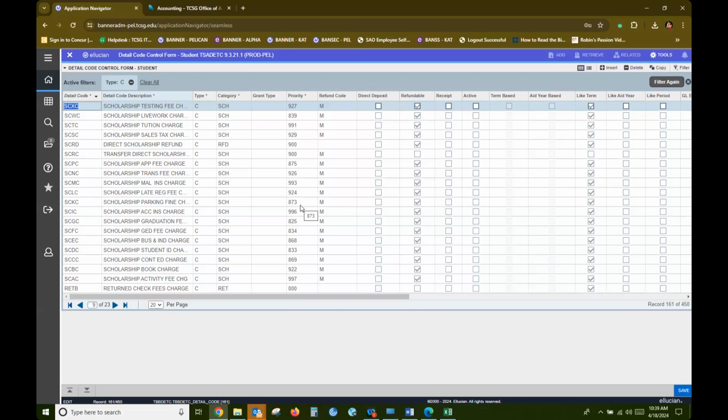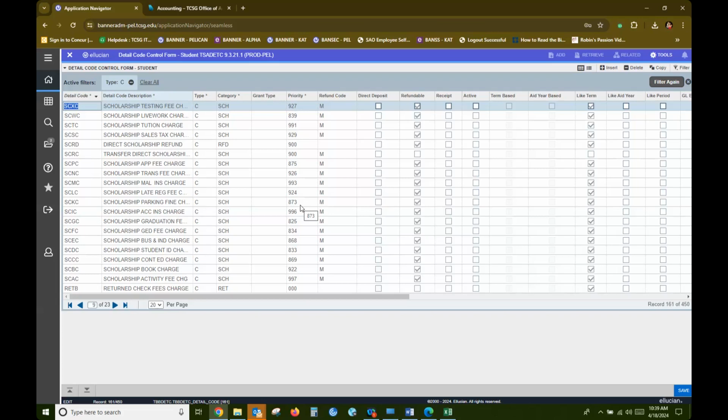But just remember that each charge has to have its own unique priority code. Then all of your payments should have the matching priority code from the charge. So if you set TUIT to 997, then 1 TUIT, 2 TUIT, 3 TUIT, 4 TUIT, 5 TUIT, all of those priority codes should also be 997, right?